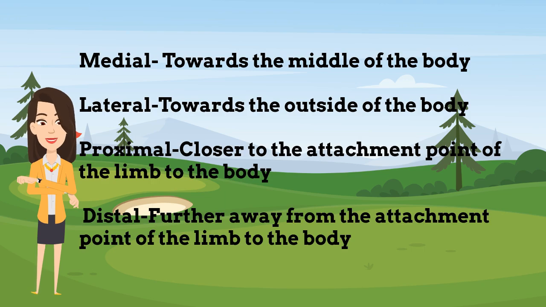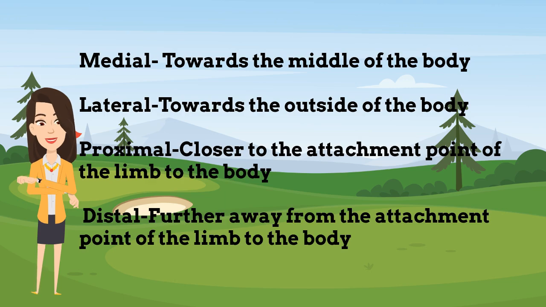Medial is towards the middle or midline of the body. So we could say the sternum is medial to the collarbone. Whereas lateral means towards the outside of the body or away from the midline. The arm is lateral to the sternum.